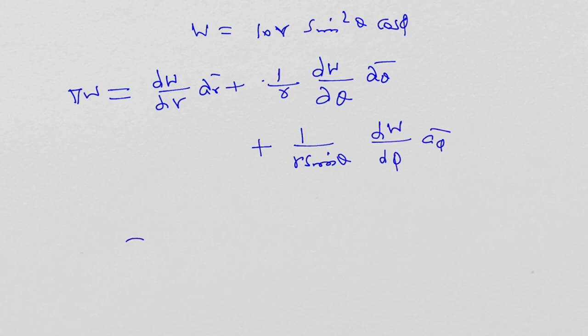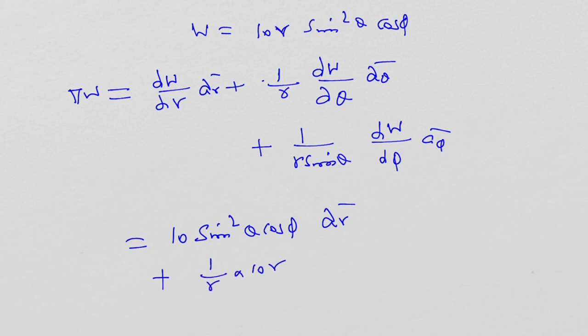So when you compute this, the first one will be simply with respect to r, so it is 10 sine square theta cos phi as such, only r is differentiated and it is 1, ar is the first component. The second one will be 1 by r into, already available, 10r is not differentiated, because this is to be differentiated only with respect to theta, cos phi is to be treated as constant, whereas the only one component getting differentiated is sine square theta, so it will become 2 sine theta cos theta a theta.